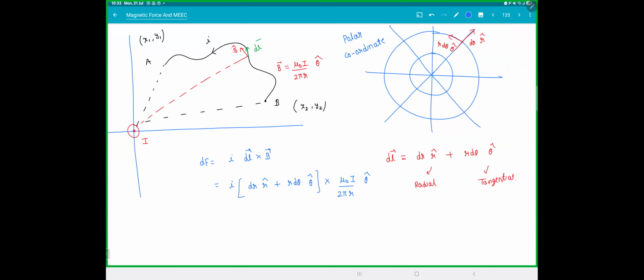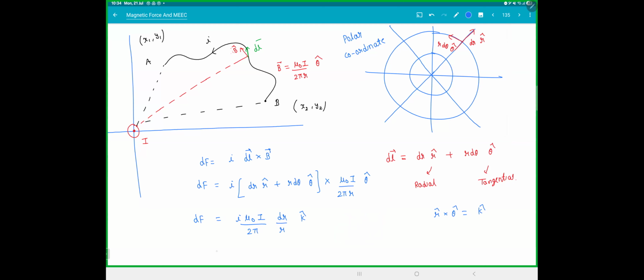Theta cap cross theta cap will be 0. R cap cross theta cap will be k cap, out of the plane. Isn't it? You can see the cross product here. R cap is this way, theta cap is this way. R cross theta cap will come out of the plane. So this will be I mu naught I by 2 pi dr by r k cap.